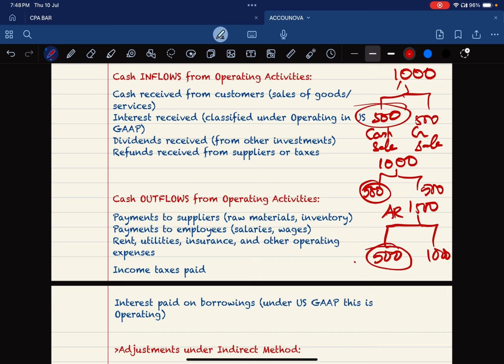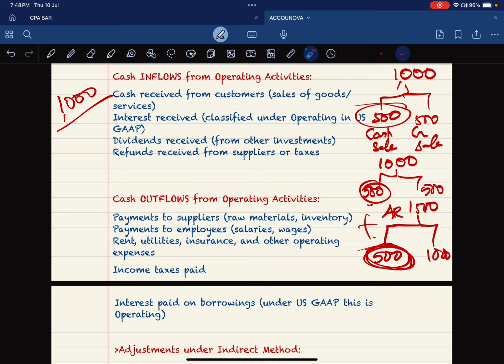We will also record this one because the cash is received here. This 500 is also received. So 500 plus 500, we will record 1,000 as cash received from customers. Okay. As we solve the illustration, you will be able to understand this, but as a basic example, we have given it here.